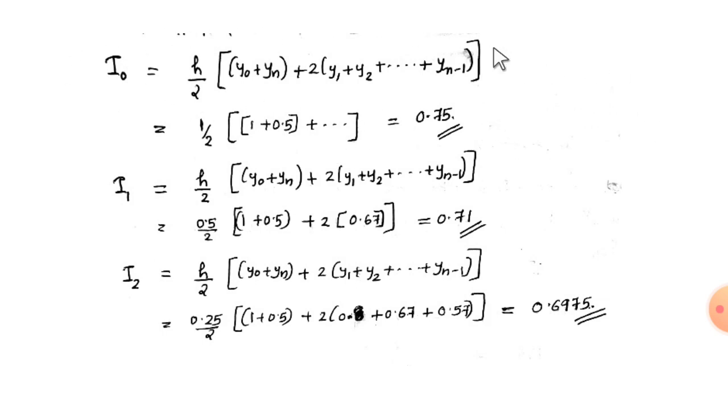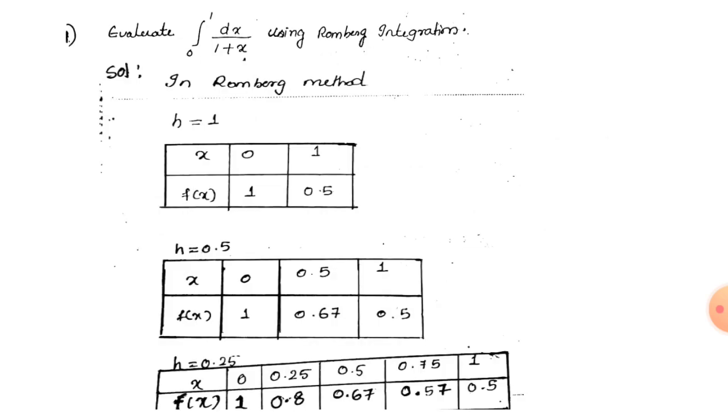So this is the trapezoidal formula. By using it you can find the values. I0 is the value corresponding to the step size h equal to 1. Now you have to look at this table.